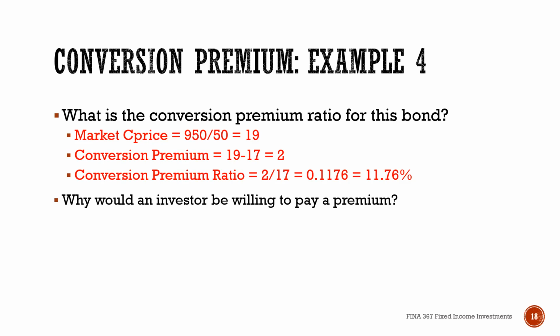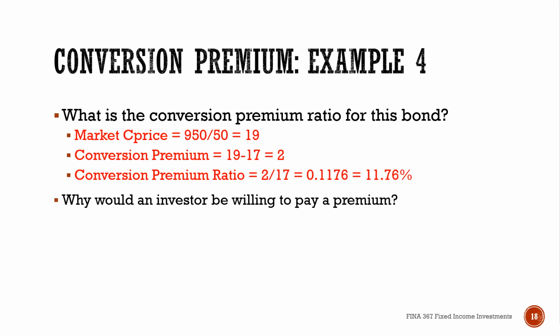So if you think about it, this premium that the investor is willing to pay, these $2 or the 11.76%, is what the investor is willing to pay to limit their downside risk. And also it is the ticket for them to participate in the upside in case the stock increases in value.